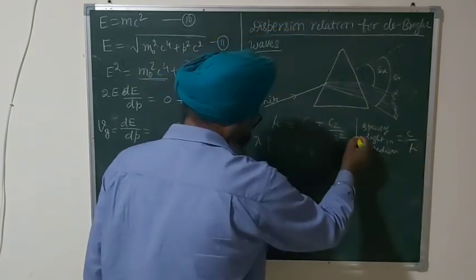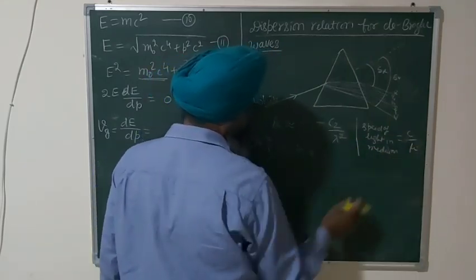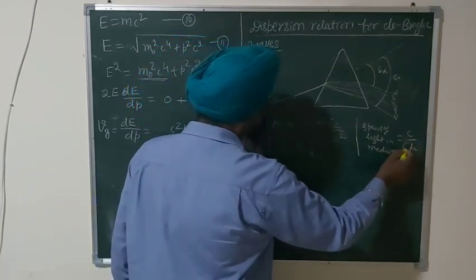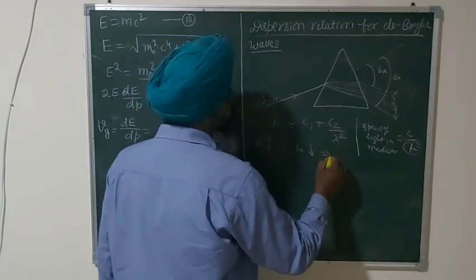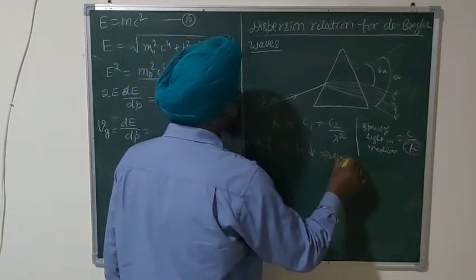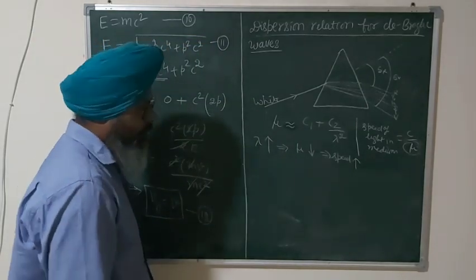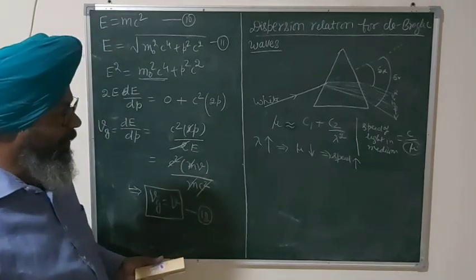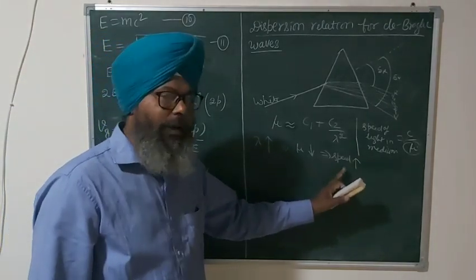If I just remember this equation, speed of light in a medium is equal to c by mu, then since mu is in the denominator and mu has decreased, this will mean that speed will increase. So what is the effect of dispersion on the speed of light? Higher wavelengths in a medium will have higher speeds.